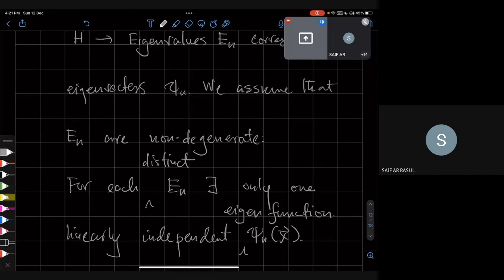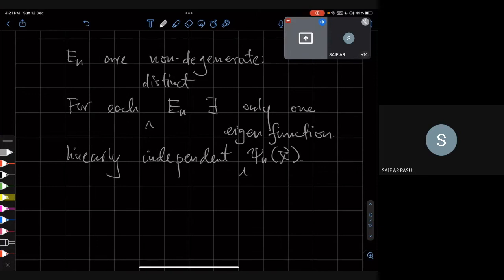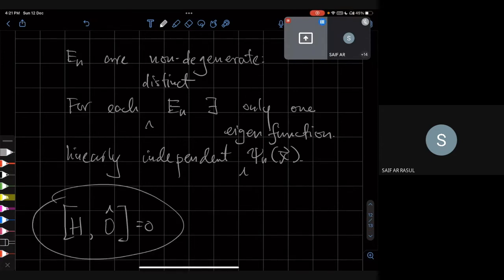This will not always be true. When it's not true, you have to find some other observable distinct from H such that they commute, and you have to find their simultaneous eigenfunctions.